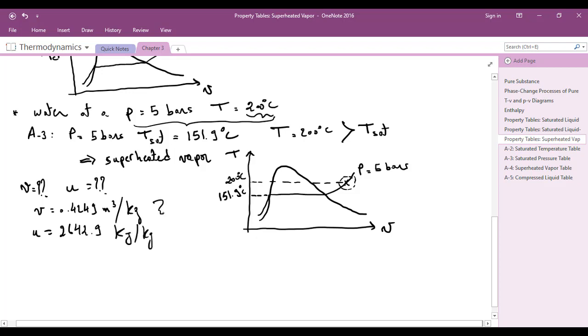So we have used table A4 for finding the properties U and V.